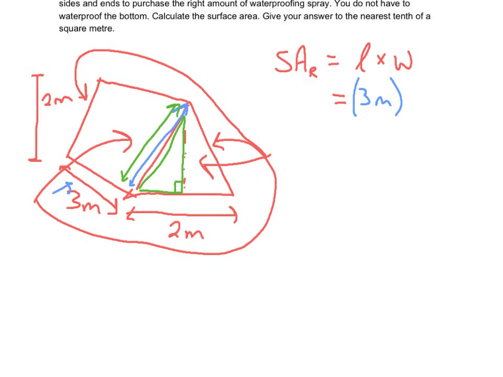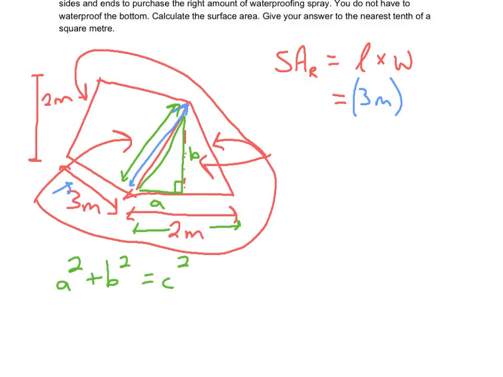So we can use our formula: a squared plus b squared equals c squared. This is Pythagorean theorem from previous years. So if we look at a squared, we'll say this is a there and this is b there. A squared, we can see, is half of the total bottom of the tent.